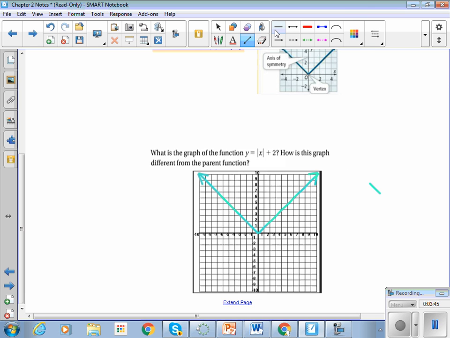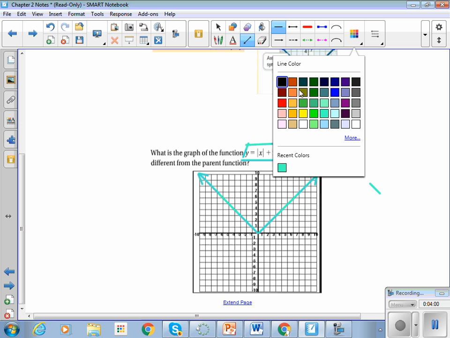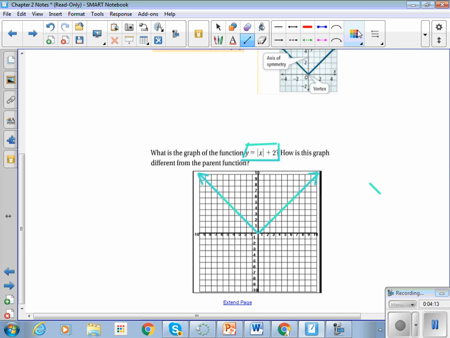All right, from what we learned yesterday, we're going to take our function and add 2 to our entire function. Every y value that we had, we're going to add 2 to it. So here at 0, 0 on my parent function, I'm going to add 2.